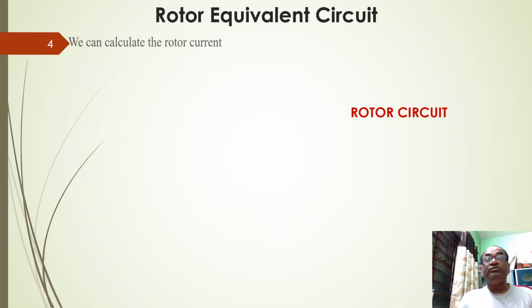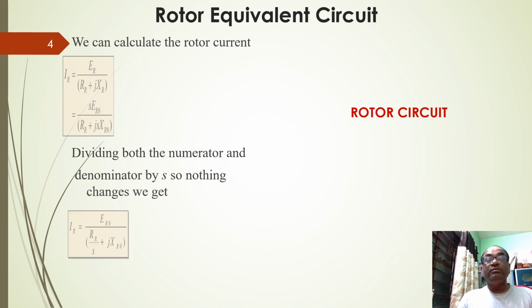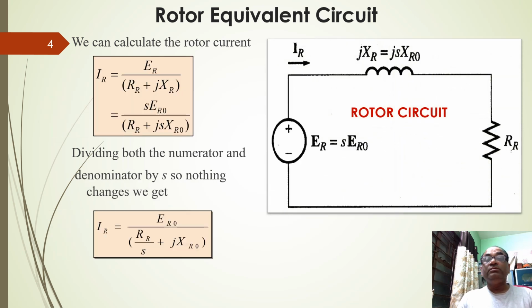Now let's just see the rotor side. Here is the rotor side. We can calculate the rotor current from the rotor EMF induced divided by the equivalent impedance, that consists of the rotor reactance and the resistance together.